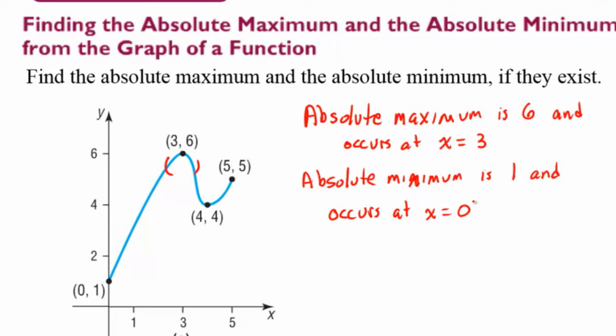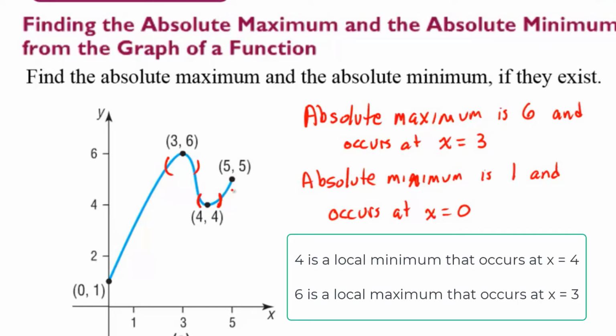As an aside, if you look at this point right here at 4 comma 4, if I draw a little open interval around 4 comma 4, you can see that 4 is a local minimum that occurs at x equals 4, but it is not an absolute minimum because I can find smaller values of the function than 4 from the graph.